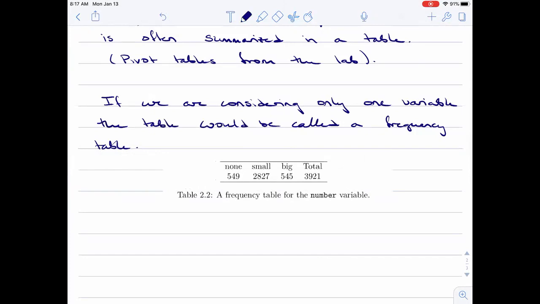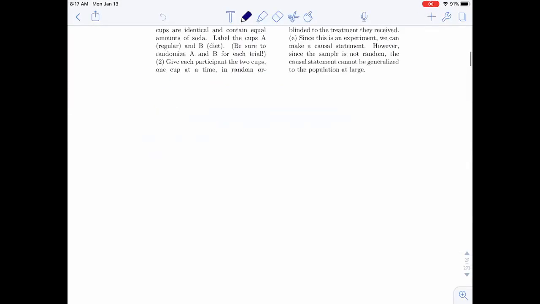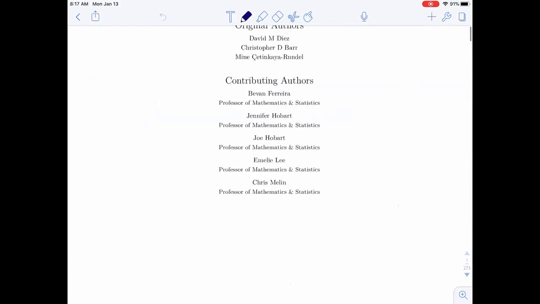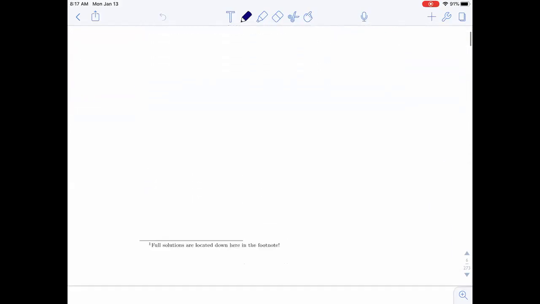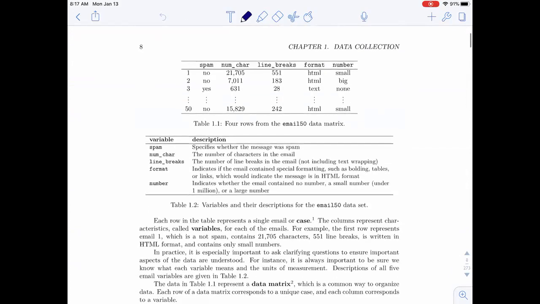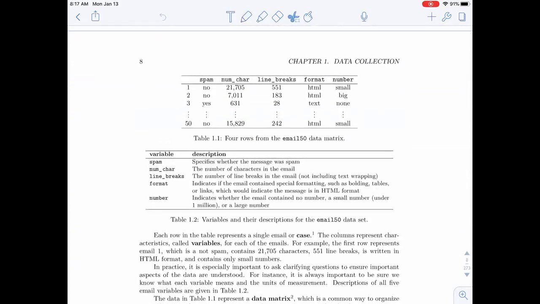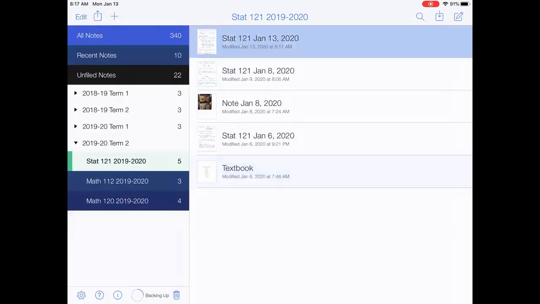It's talking about the spam data. You guys probably are familiar with the spam data because it's from chapter 1.